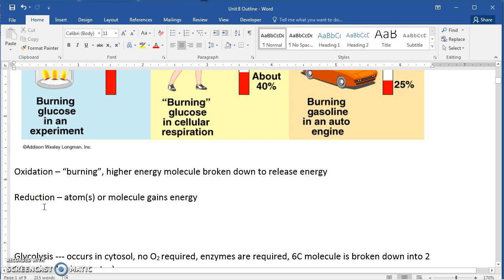Reduction would be pretty much the opposite. That's where a molecule or atom gains energy. It's actually gaining electrons. And one might say, why is it called reduction if you're gaining electrons?